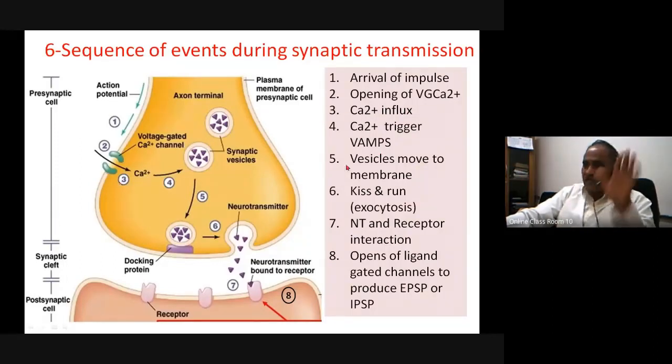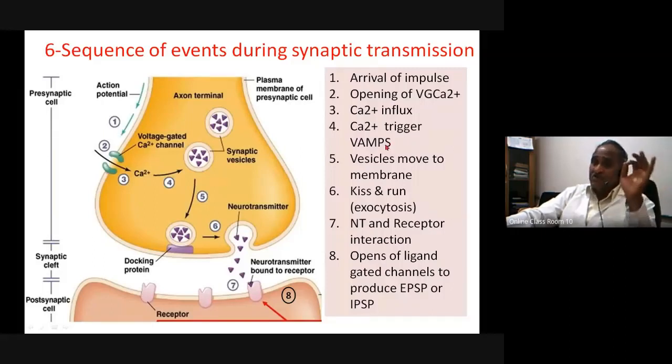Now what does this calcium do? This calcium triggers the vesicle associated membrane proteins, VAMPs, I was trying to talk about, that would activate the vesicle associated membrane proteins, synaptobrevin. So now the synaptobrevins try to move the vesicle to the docking system.